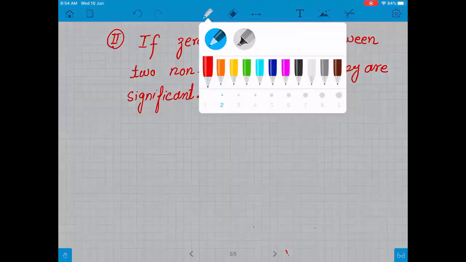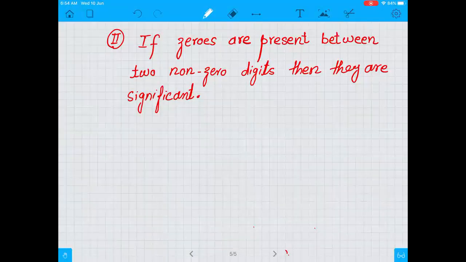Now, if you get some zeros which are present between two non-zero digits, then those zeros are always significant.